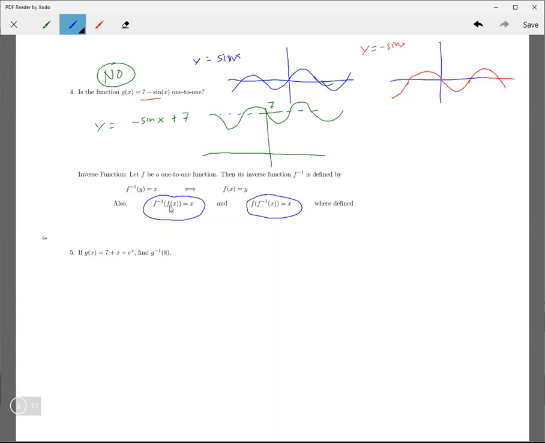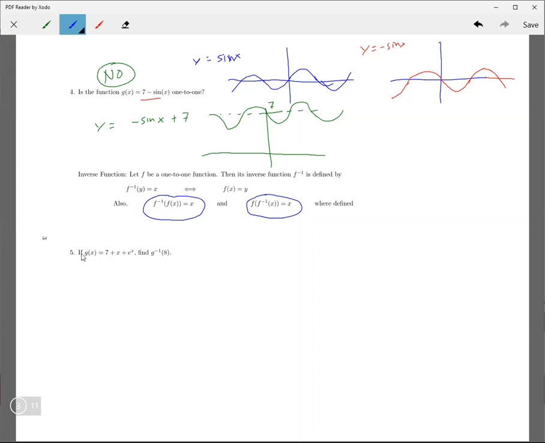If you apply the inverse to that, you get the original back. Likewise, if you go in the reverse order and apply f inverse first and then f, you get x back. So f of x does something to x, and f inverse restores the original value.